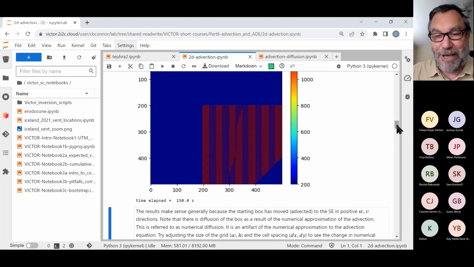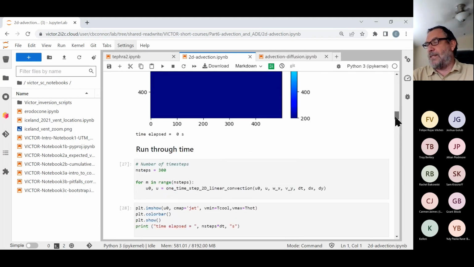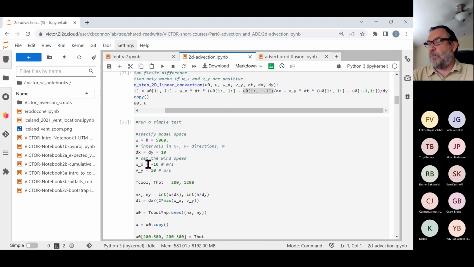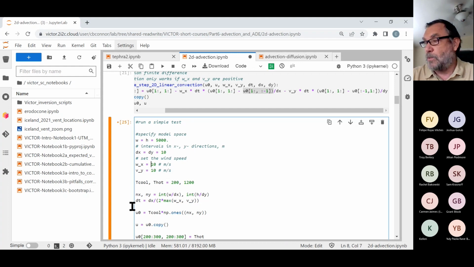That doesn't look at all like my box being advected away, right? So it's not working when w is negative in this particular implementation. So if the wind velocity is negative, the code doesn't work. And same thing is going to be true if I make v negative. I'm not going to bother showing you, but I get a very bizarre answer that makes no sense, right? You could see how the values were going up and down in some sort of random way, making an odd geometric pattern.